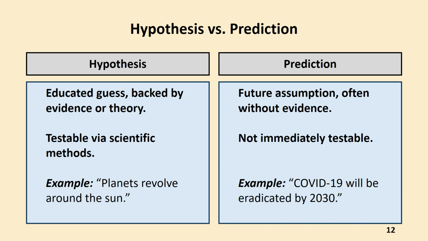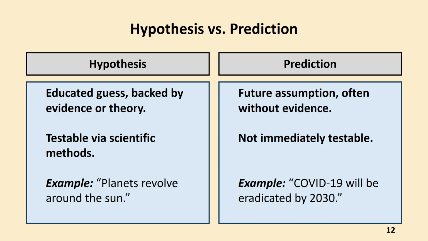Therefore, it is recommended that you make a proper differentiation between hypothesis and prediction and avoid predicting anything in your research. Instead, you frame a well-crafted hypothesis. One example you can see here: COVID-19 will be eradicated by 2030. This is not going to help anyone.